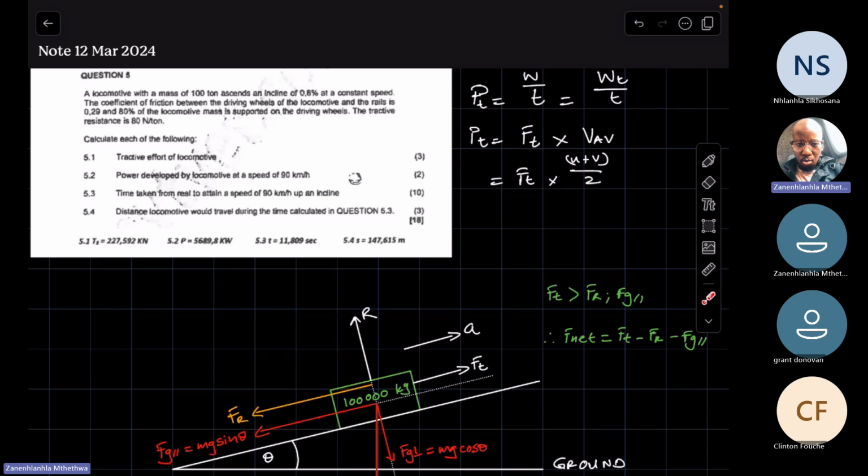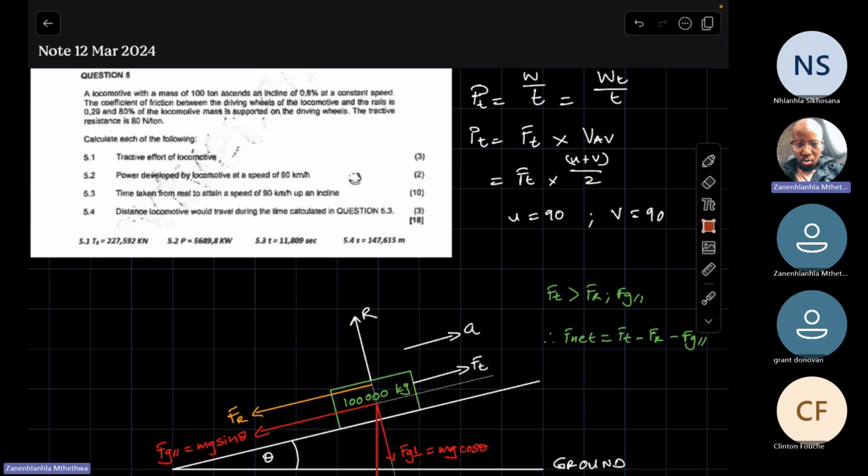Meaning that if this is moving at constant velocity, the initial velocity essentially will be 90 kilometers per hour, and the final velocity will also be 90 kilometers per hour. So if you say 90 plus 90 divided by 2, you essentially get 90.